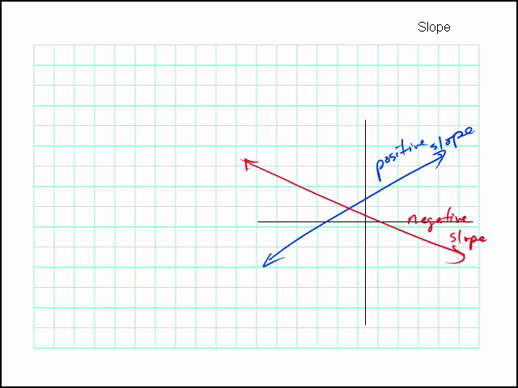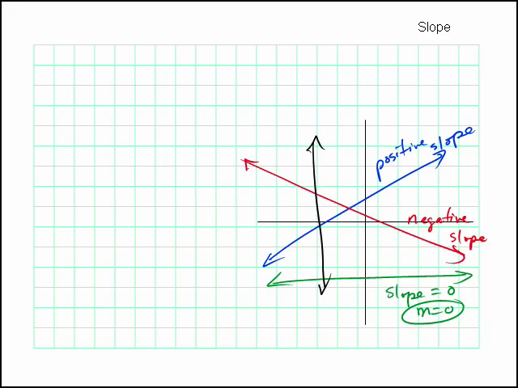A horizontal line will have a slope of 0. M equals 0. I guess I should write that. That's the way your book would. Slope is 0. And if you recall a line which is perfectly vertical, its slope is undefined. Undefined slope.